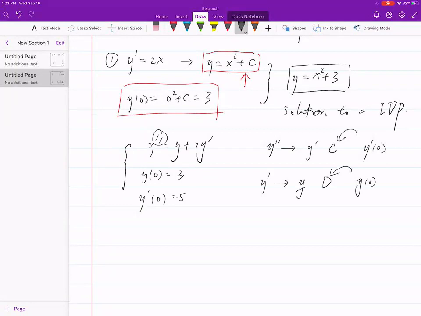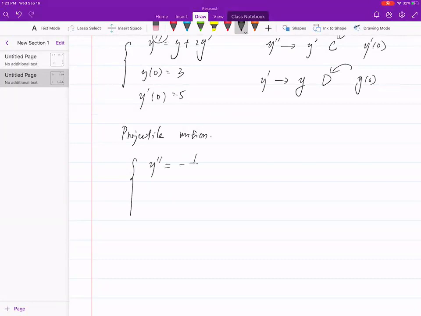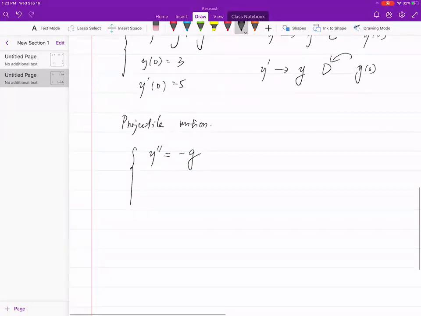Okay? So now if you go back to physics, now you know what we should do when you do projectile motion. A complete problem should look like this: y'' equals negative g. Gravity, that's it.